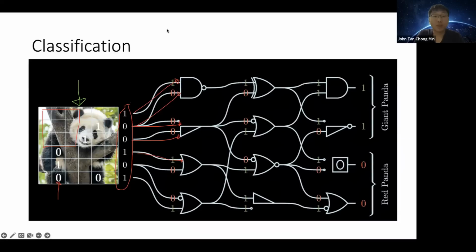But the thing is, you already lose information at this level by discretizing to 0 and 1, unless you binarize it. If you have 256 different colors, that's 2 to the power of 8, so you can represent a pixel as a row of 8 bits, like 0, 0, 1, 0, 1, 1, 0, 0.